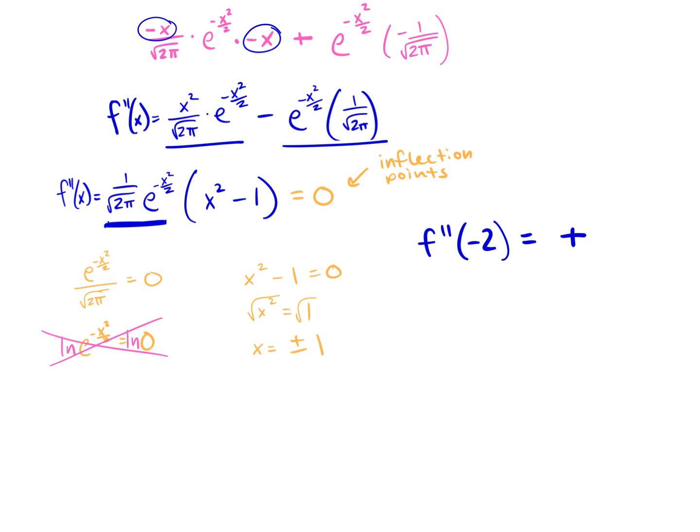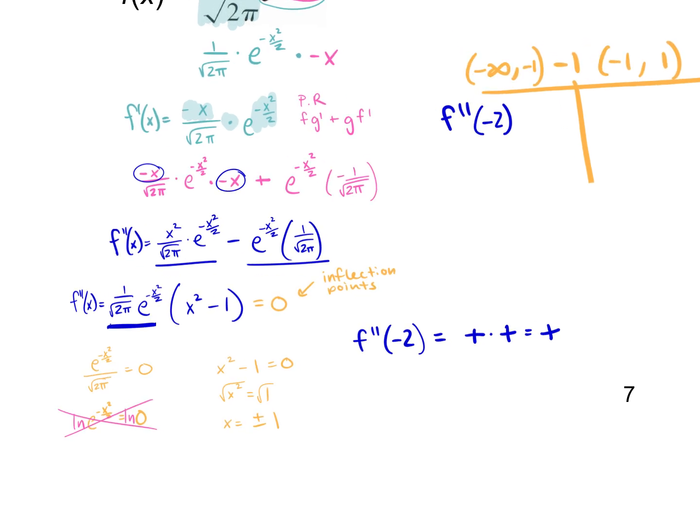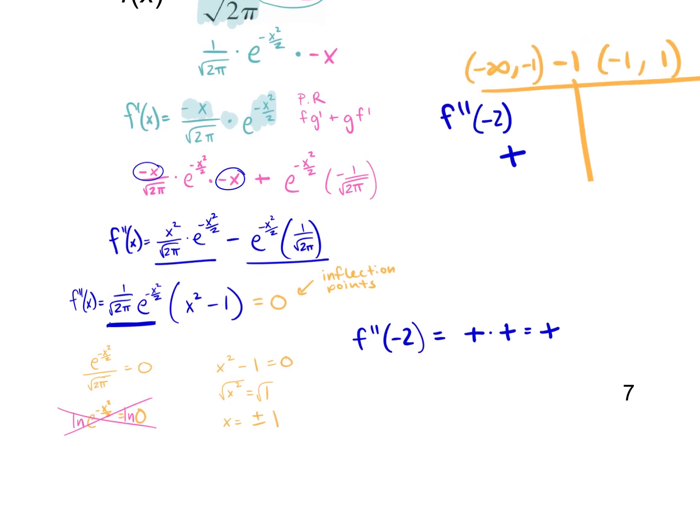The negative exponent would move e to the bottom, which is still going to be positive. When I plug in negative 2 into the second part, negative 2 squared would be 4, minus 1 would be 3. So this would also be positive. So positive times a positive would be positive. So we're dealing with a positive number here. For our second derivative test, we're talking about concavity. So we have a concave up part here. Because this is greater than 0, it's positive, we are concave up.